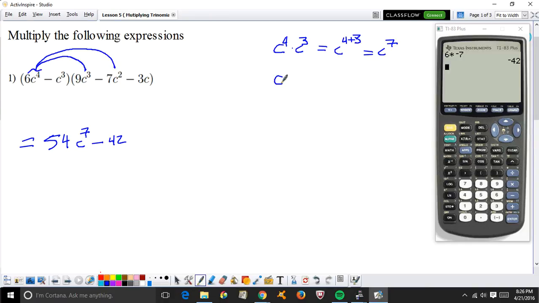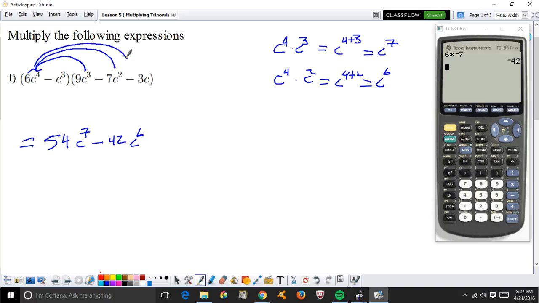So we're going to have c to the 4th times c to the 2nd. They have the same base, you add exponents. So we got 4 plus 2, which equals c to the 6. So I got negative 42c to the 6.